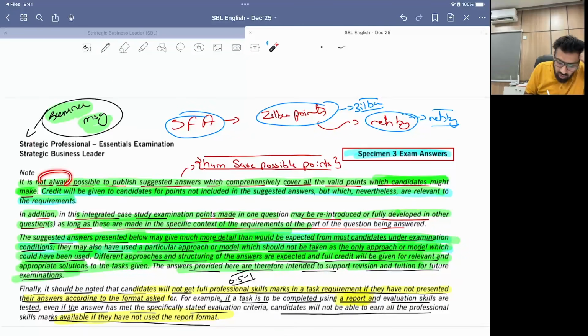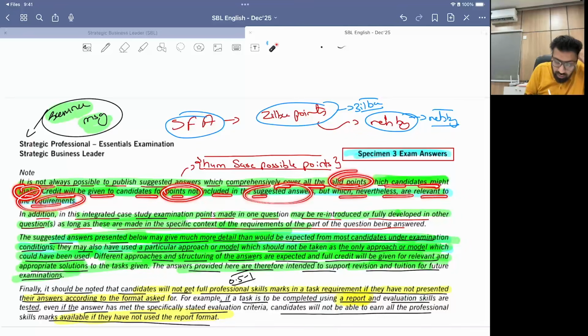It's not always possible to publish a suggested answer. They are also saying that I cannot publish an answer that comprehensively covers all valid points which candidates might make. You might have some extra points and some good points. Credit will be given to candidates for points not included in the answer, but which nevertheless are relevant to the requirement.